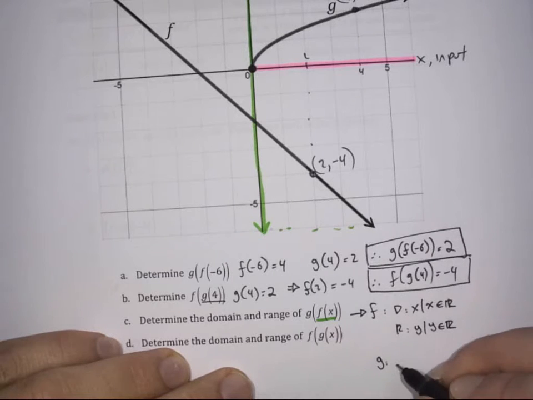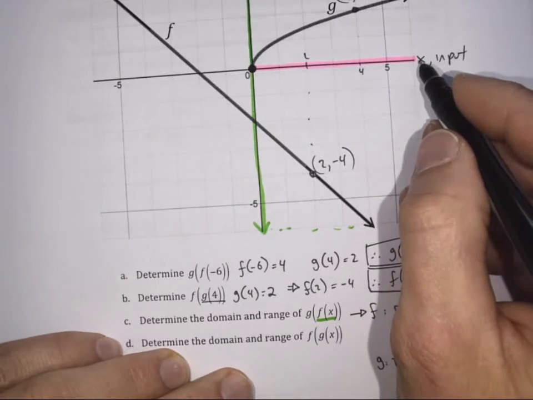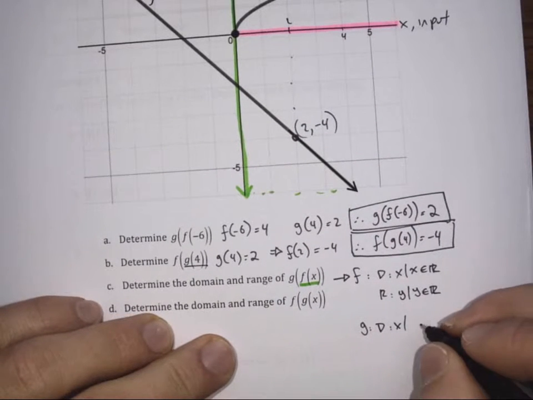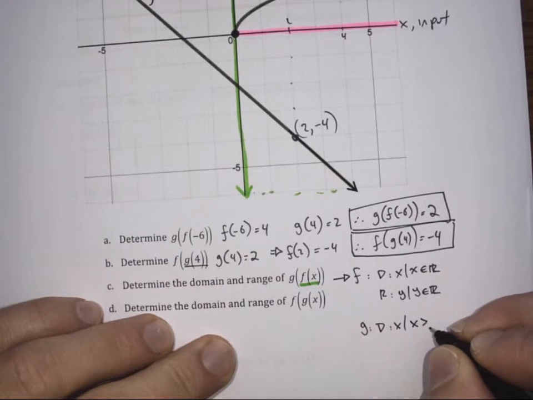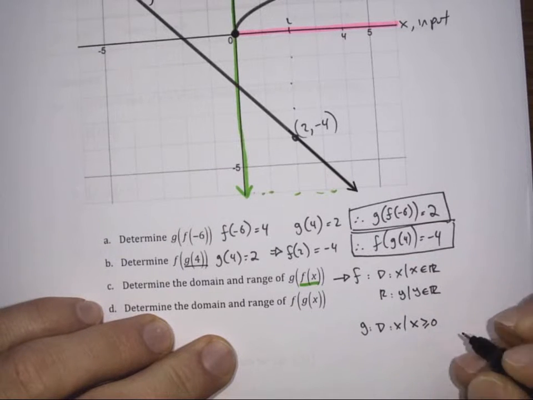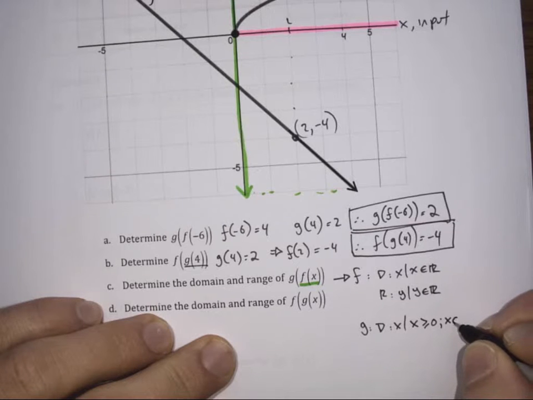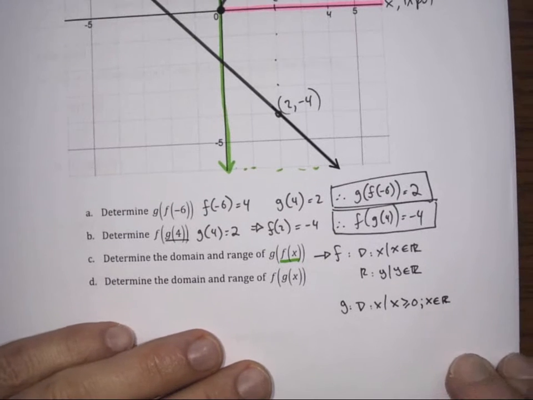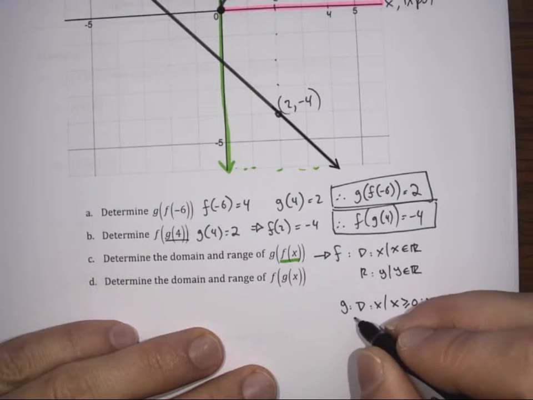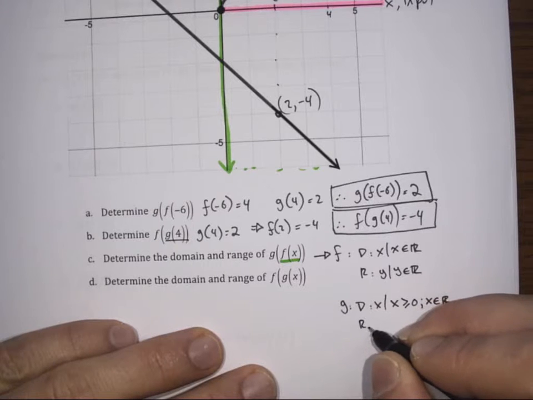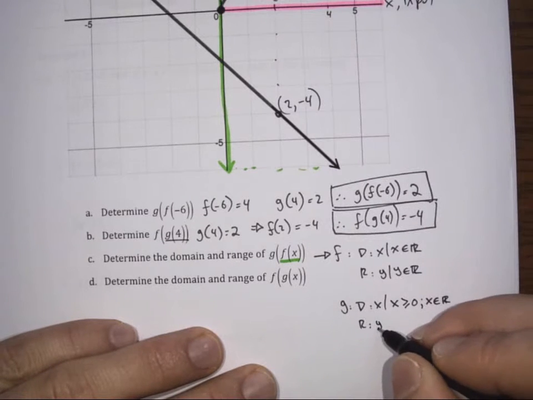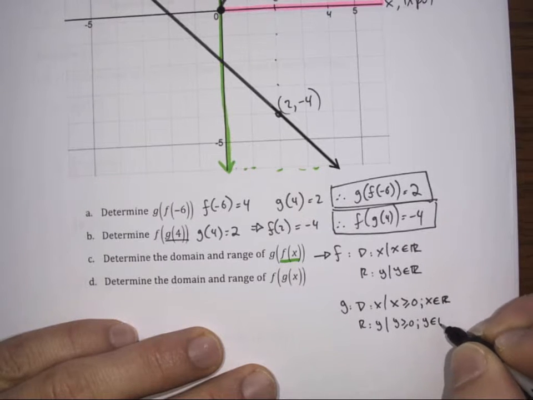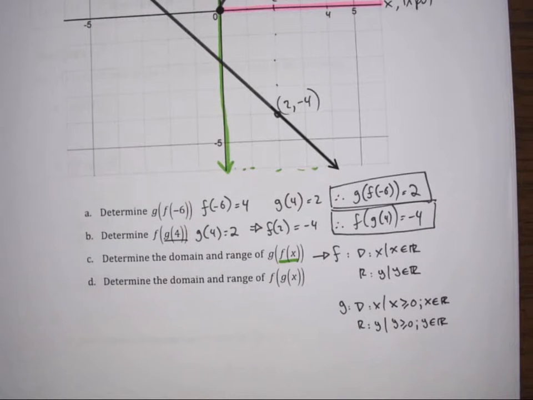G's possible domain is restricted to x such that x must be bigger than or equal to 0, but we're looking at the elements that are real within that domain. And just for kicks, the range of g looks like all the y values that are bigger than 0 and belong to the reals. We're going to see how those can help us.